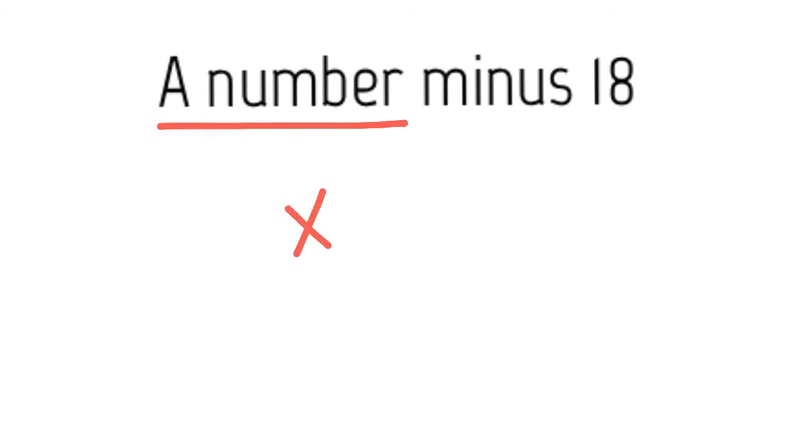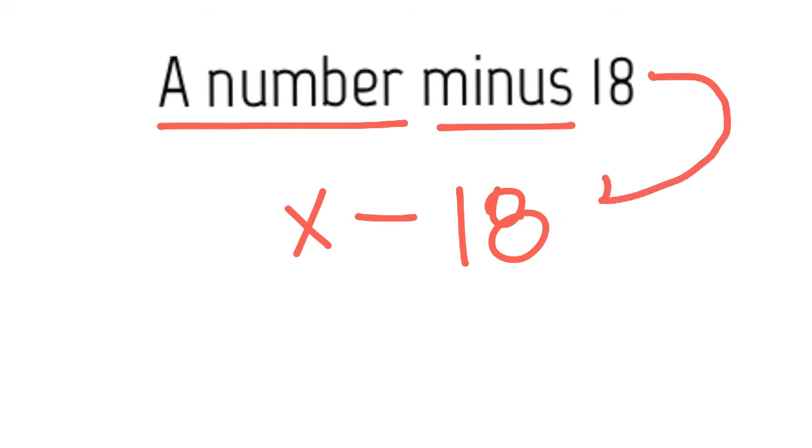So a number, x minus 18. So all that I have to do in this is x minus 18. I'm done. I don't have to solve. I don't have to figure out what x is. I don't have to do anything. I'm just simply taking this sentence and turning it into an algebraic expression.